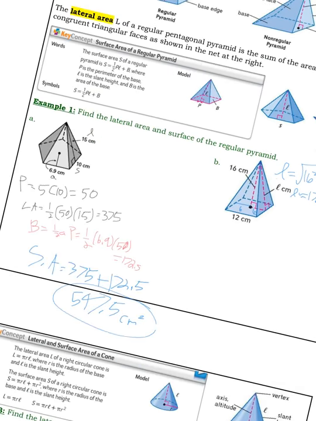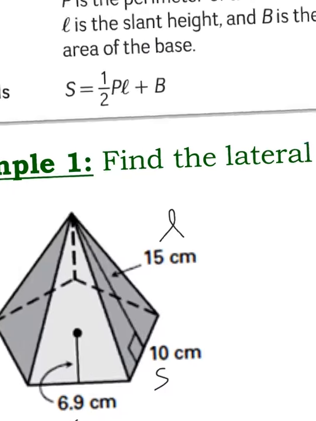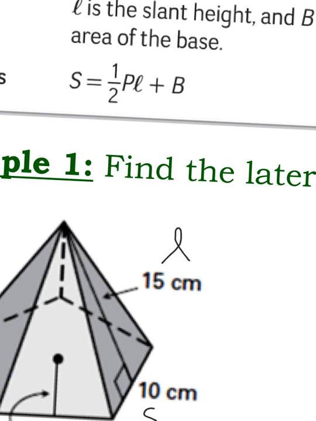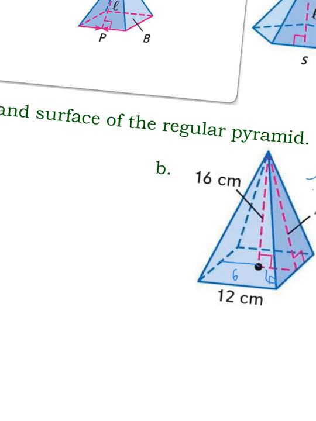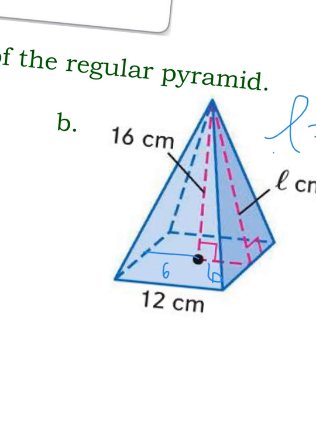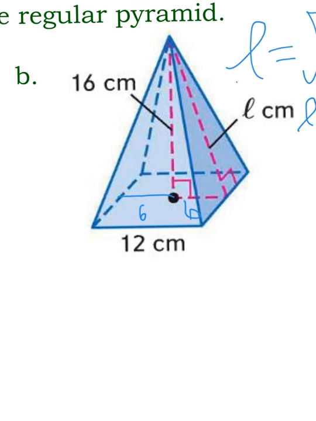So now let's go back and look at the formula. The lateral area is that first part of the formula. And then your surface area is the whole thing. So I'm going to do 1/2 times the perimeter of the base times my slant height. So the perimeter of my base, I'm given one side, so I can assume that this is a square.